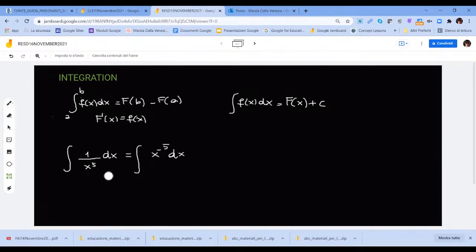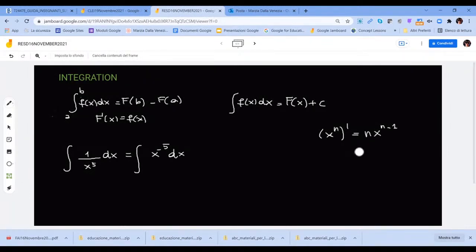That means that it represents only some variable of integration. And as you know, if we derive a power of the variable x, for instance, x to the n, we will have n times x to the n minus 1.